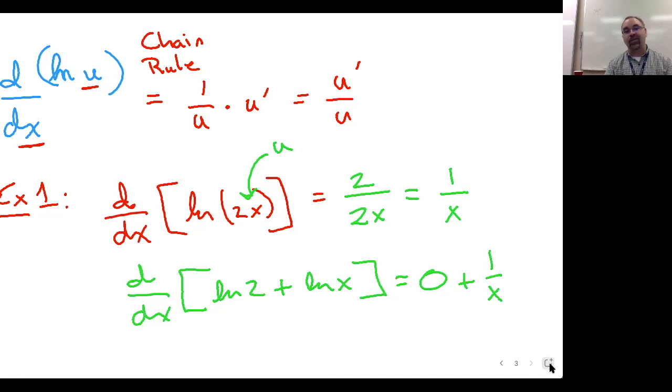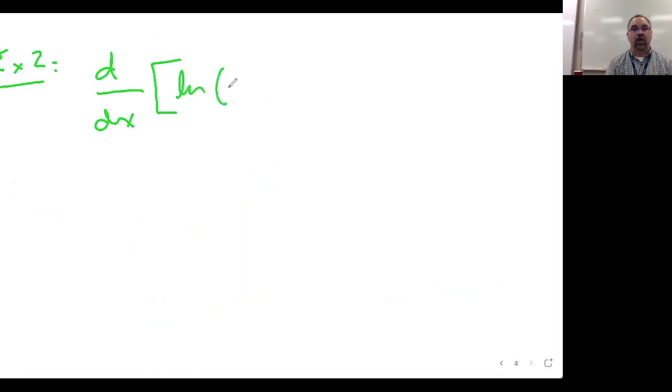All right, now if it's an addition in the middle, well, then it's a little bit different. Okay, here's example number 2. This time I want to derive with respect to x the natural log of x squared plus 1. Now there is no distributing a natural log across a binomial. That is not natural log times x squared plus 1. Don't distribute it.